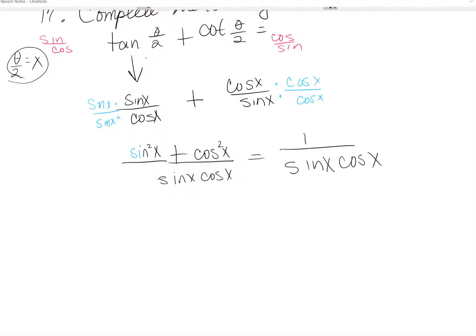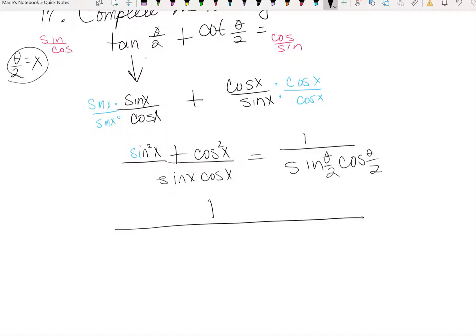So instead of calling it x, I'm going to actually recognize that it's a half angle formula. And so what I'm going to do here is include theta over 2, theta over 2. So we use the half angle formulas to obtain the following. We have 1 over the formula for sine theta over 2 and cosine theta over 2.